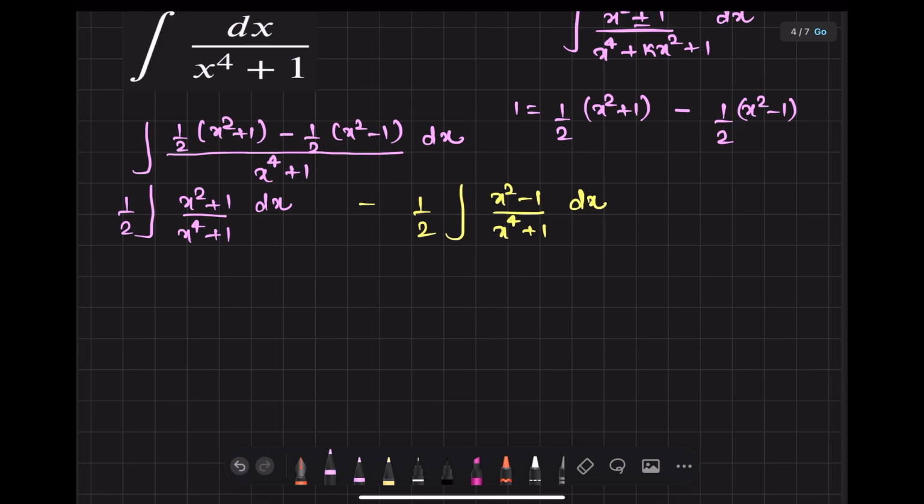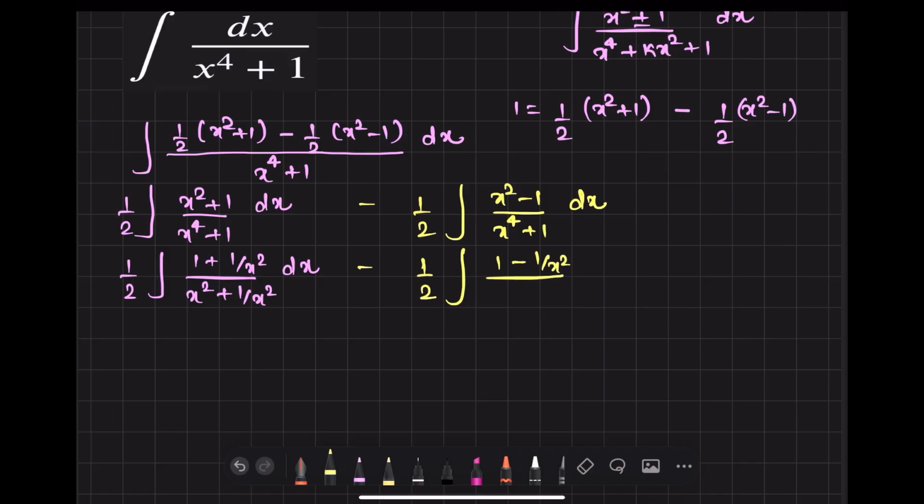So you know that the first step is divide by x square. So let's do it. If you divide, you will have 1 plus 1 by x square upon x square plus 1 by x square dx. Now the yellow thing, 1 by 2 divided by x square, you will be having 1 minus 1 by x square upon x square plus 1 by x square dx.